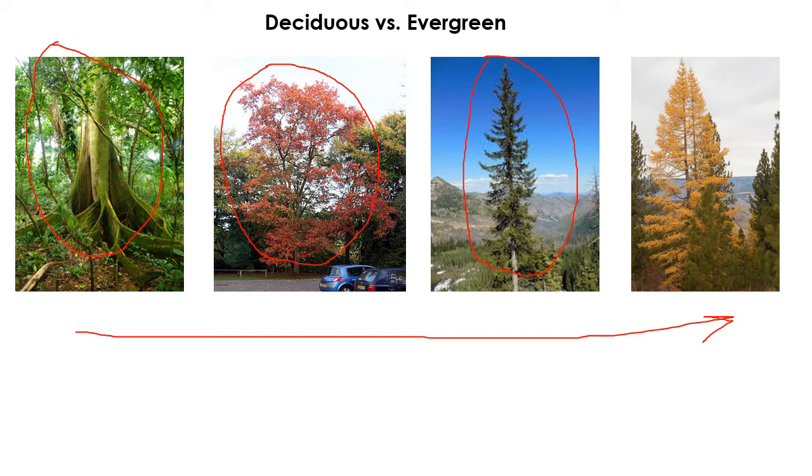nutrient poor. So if you don't have a lot of, say, nitrogen in the soil, and you have to regrow leaves, if you were deciduous and had to grow new leaves every year, you can't build those leaves, and so it's better to just invest in putting out an evergreen leaf and hang on to it for a while.